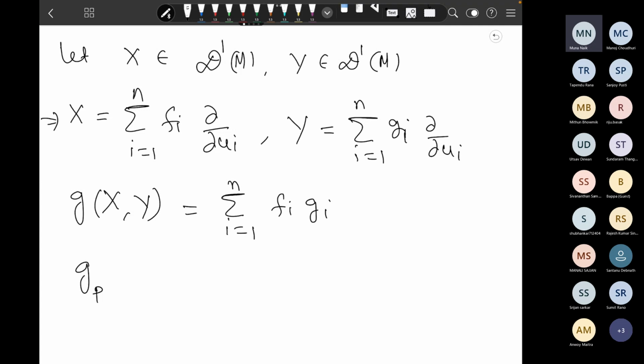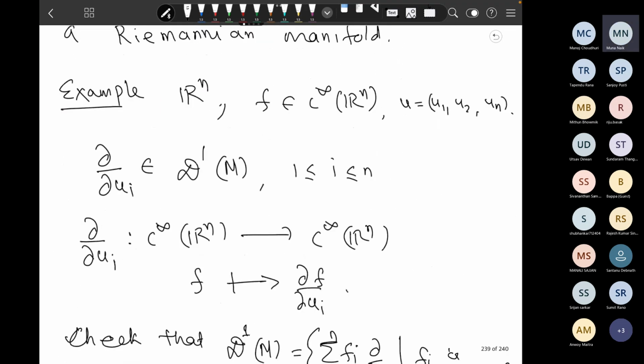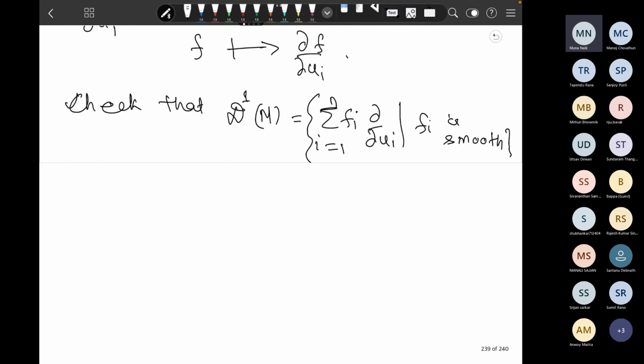What is TPM here? TPM is equal to Rn. The del ui are only defined locally, right? No, I am taking M to be Rn. Okay, M is Rn. I am avoiding giving anything beyond the necessary definitions.